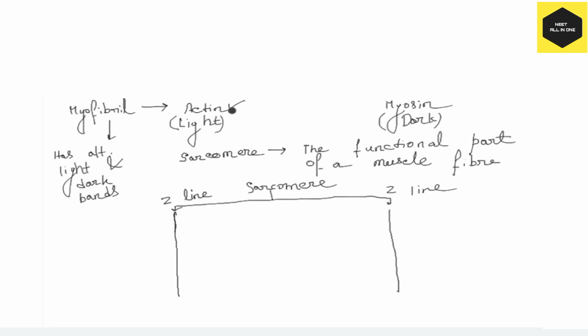Now from this Z line, the actin filaments come out. Okay, imagine these are your actin filaments. Similarly from here there will be actin filaments. These are your actin filaments or the light filaments.